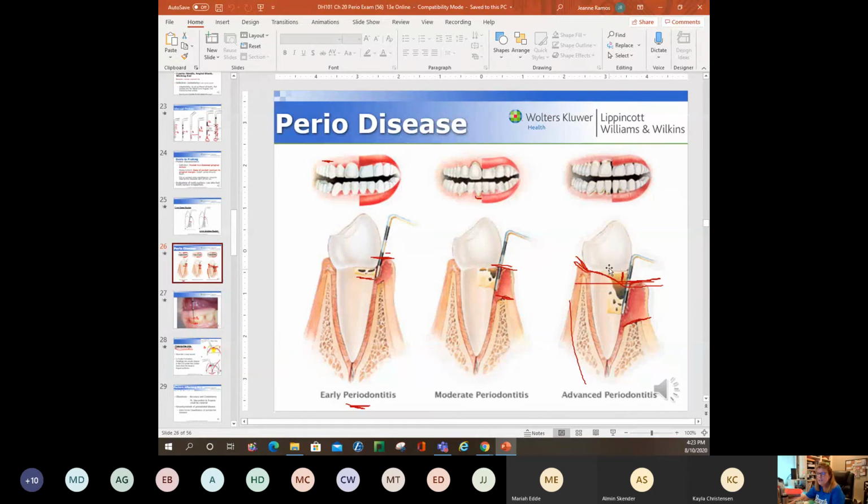You can even see this part of the root and the calculus. You can feel down there with the Explorer and feel up and down this side. You're going to even feel it with your probe. You'll know because you can feel it that way, and look how much bone it's destroyed. So it's super important to feel this and get it off of there.